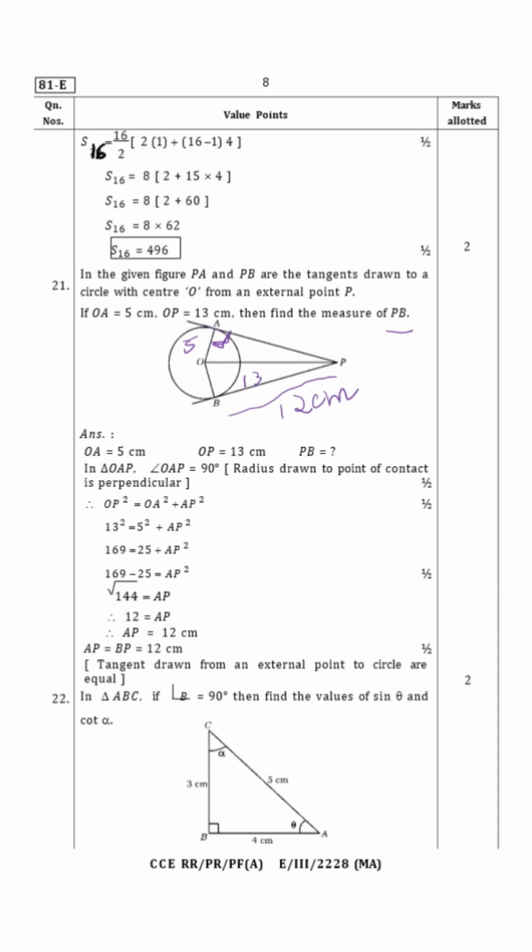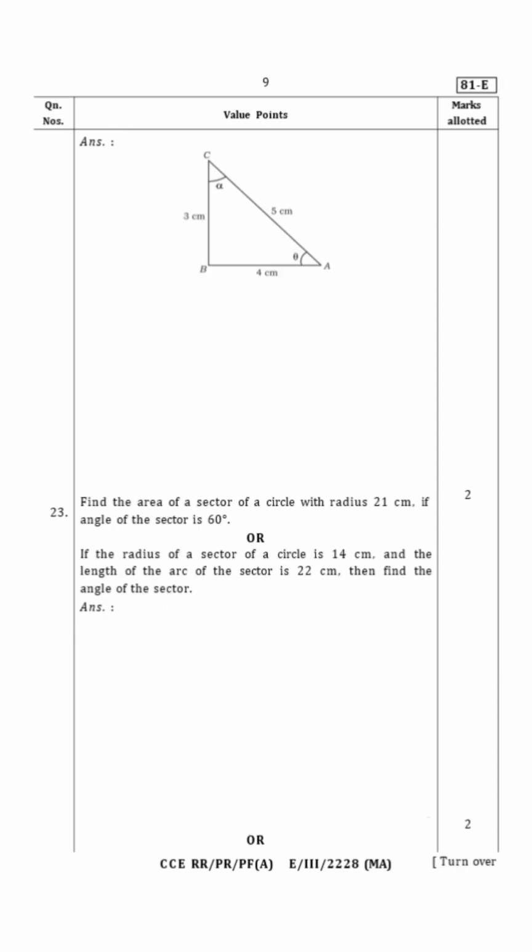So it is an important question. Now we are given the triangle ABC, where angle A is theta and sides are given 3 centimeter, 4 centimeter, 5 centimeter. We have to find the sin theta and cot alpha.